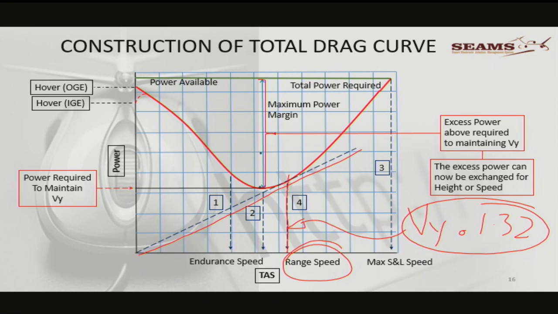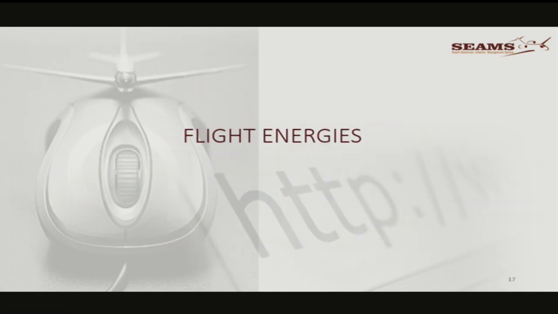So we said that we climb and descend between these 2 ranges. That has been said in the previous presentation. Excess power can now be exchanged for height or speed or whatever. Same story, we've seen that.